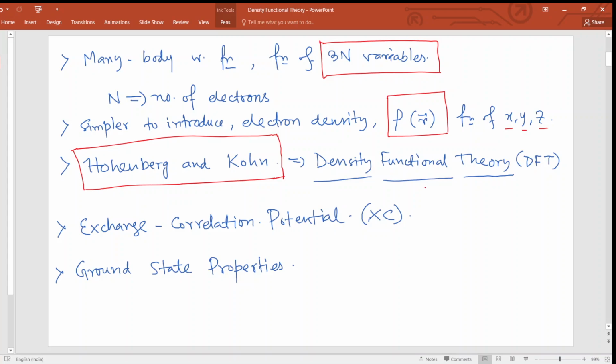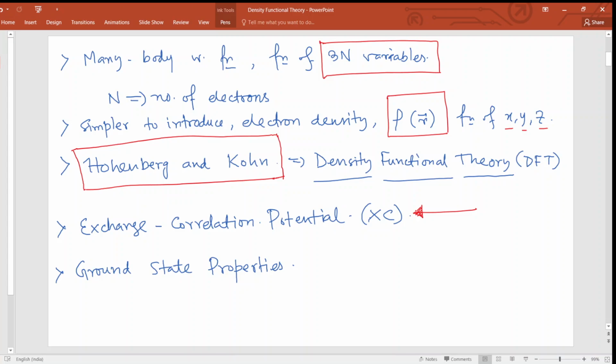The next useful part is that here this thing called the exchange correlation functional is introduced. We have seen the effect of exchange and correlation. Since electrons are fermions, they have to satisfy certain requirements. It's not like bosons, which can sit in any state.